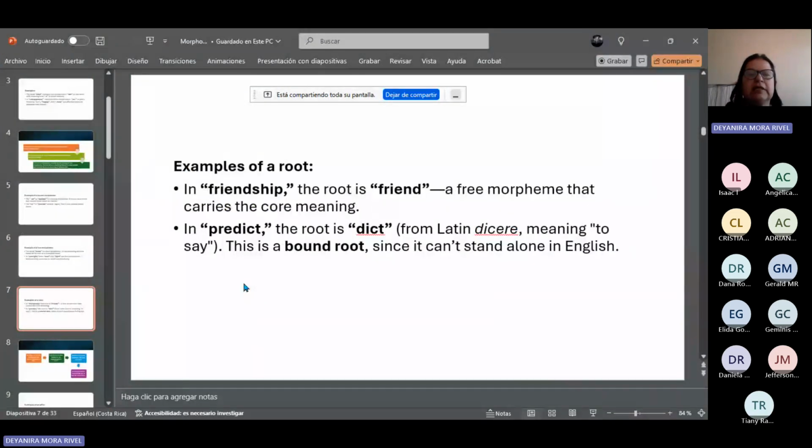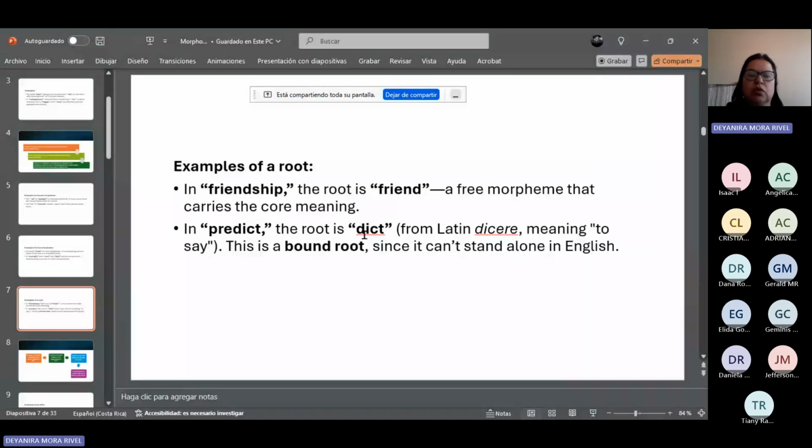Something that is a prefix, and in the meaning to say, this is a bound root. Okay, that is what they meant, that not all roots are free morphemes. Yes, not all roots can be free morphemes.